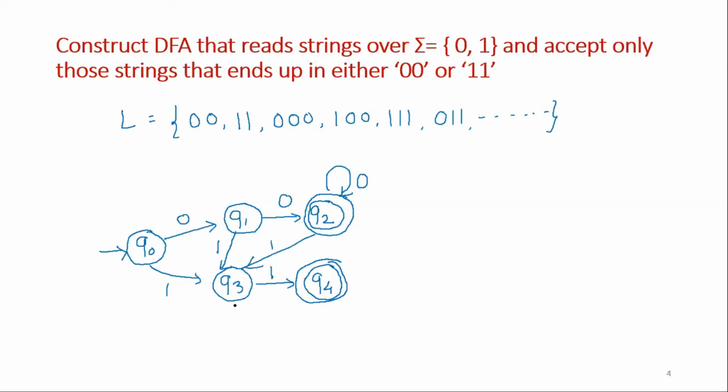Then in Q3, if I get 0, I will go to Q1. And in Q4, if I get 1, I will have a self loop. And if I get 0, I will go to Q1. So here Q2 and Q4 are the final states.